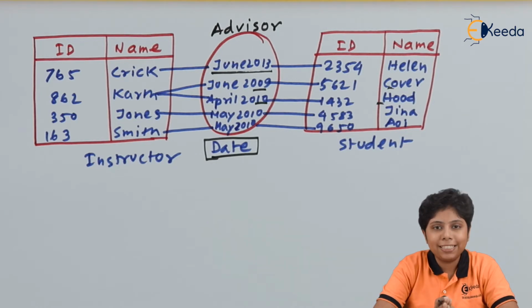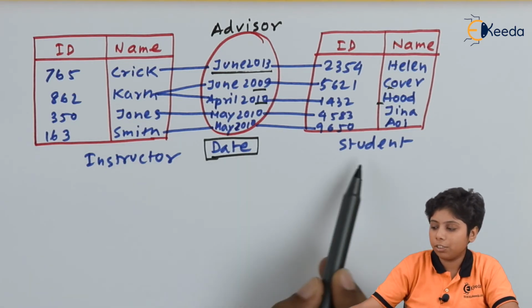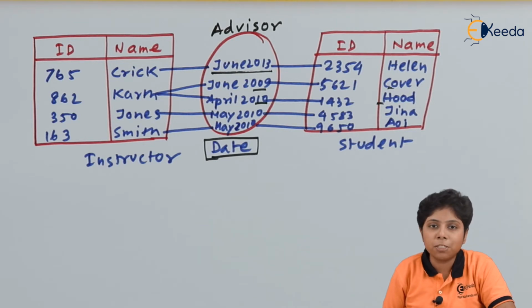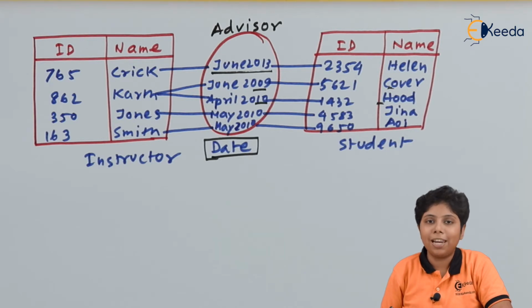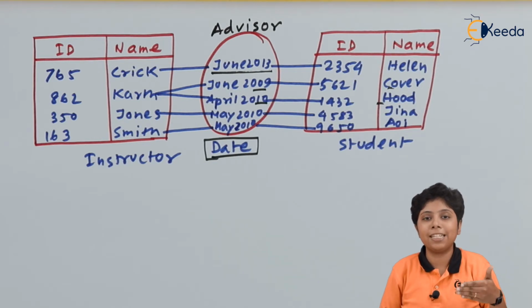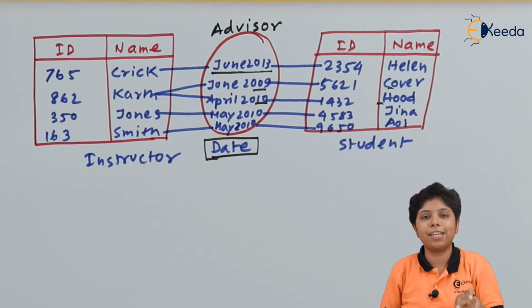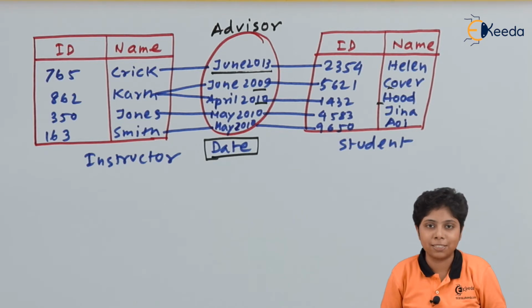Now some entities have different relationships between them. For example, an instructor and student have an advisor relationship. It is also possible that an instructor and student have a different type of relationship, like the department advisor. Say a student is part of the department and the instructor is also part of the department, and department-wise they can also advise the students on an administrative basis.